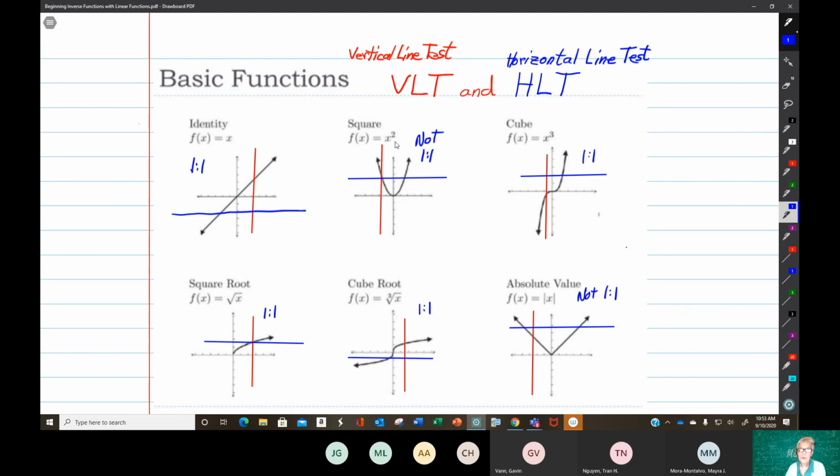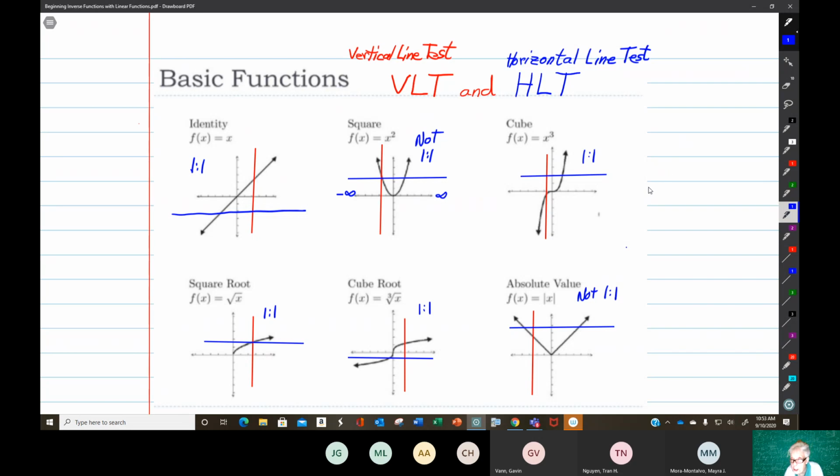Okay, here's y equals x squared, or f of x equals x squared, and it does not pass the horizontal line test. It's not one-to-one. But what if? I mean, here the domain is negative infinity to positive infinity. What if I were to cut the domain in half?